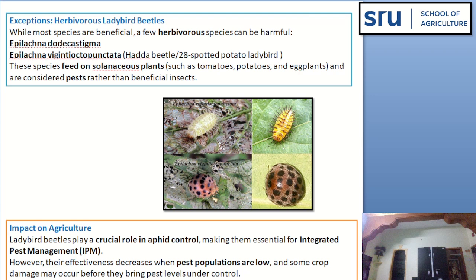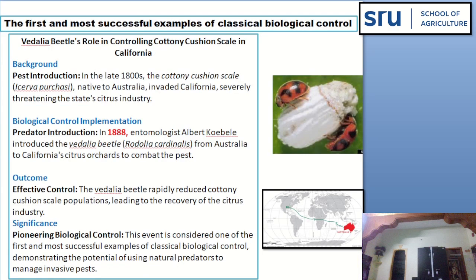Impact on agriculture. Ladybird beetles play a crucial role in aphid control, making them essential for integrated pest management. See here one of the most successful examples of classical biological control.